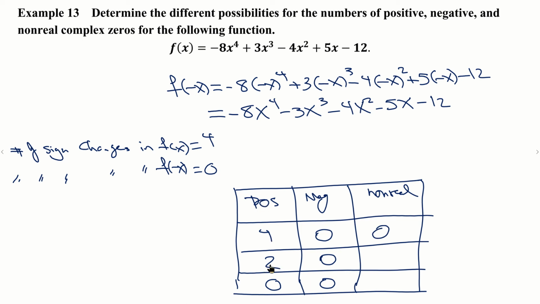If you have 2 positive reals but no negative ones, that's going to leave 2 that are going to be forced where? Into the non-real category, right? And if you have no positive ones and no negative reals, that's going to make all 4 be what? Non-real. Just like that. Okay?